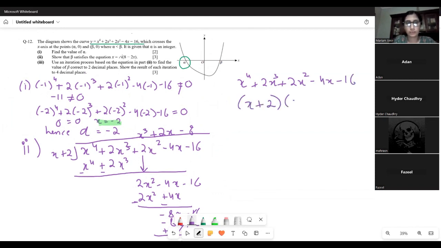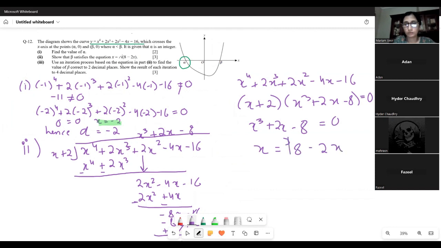One is linear and the other one is cubic, equals 0. So x cubed plus 2x minus 8 equals 0. So x equals cube root of 8 minus 2x. This is what we were supposed to show.